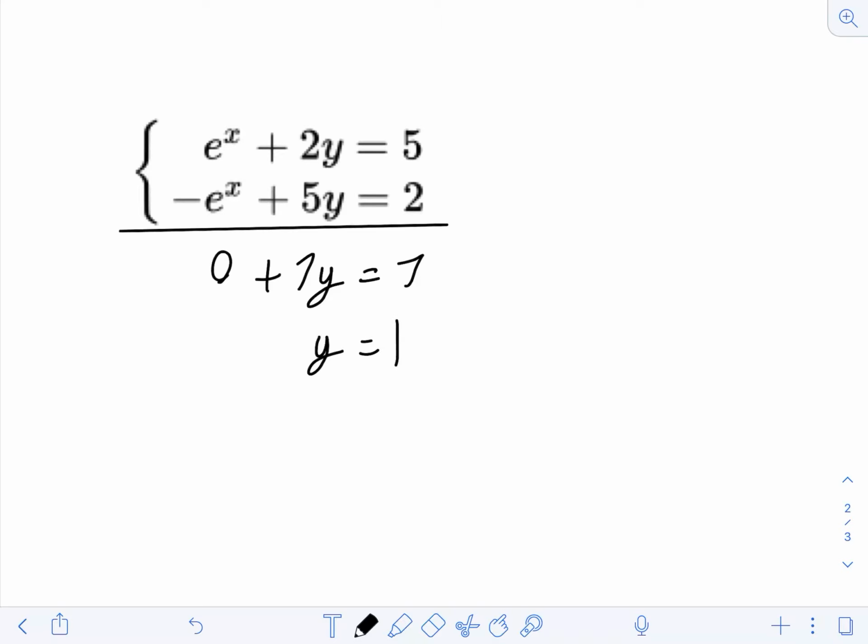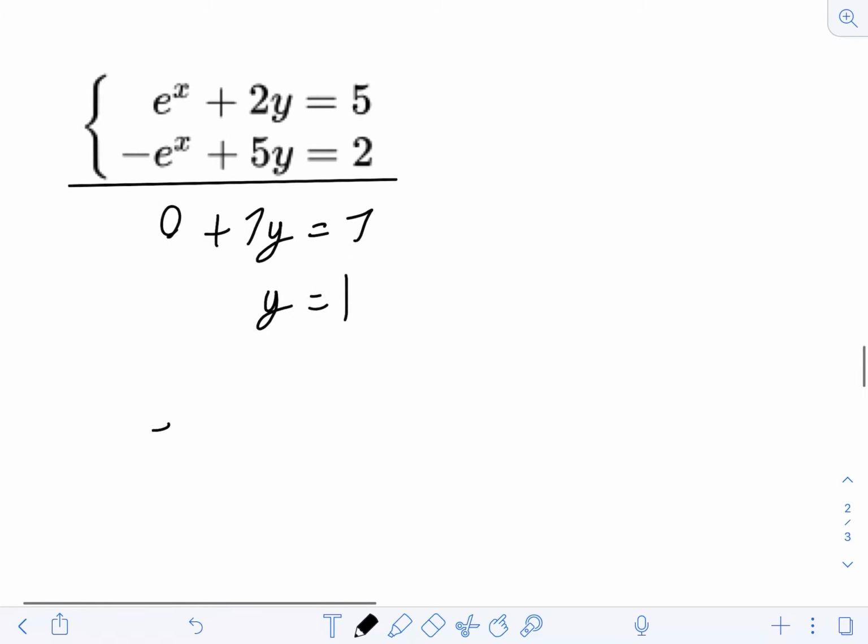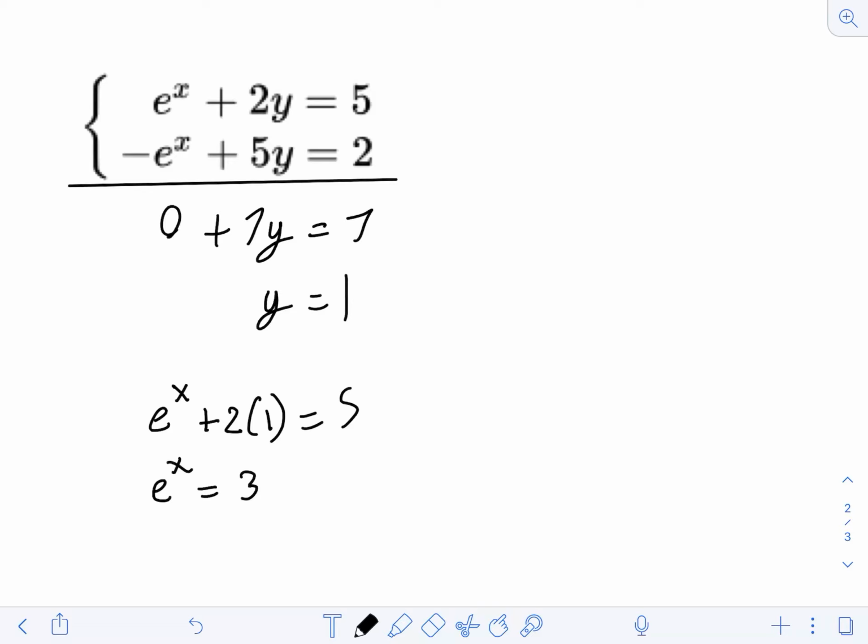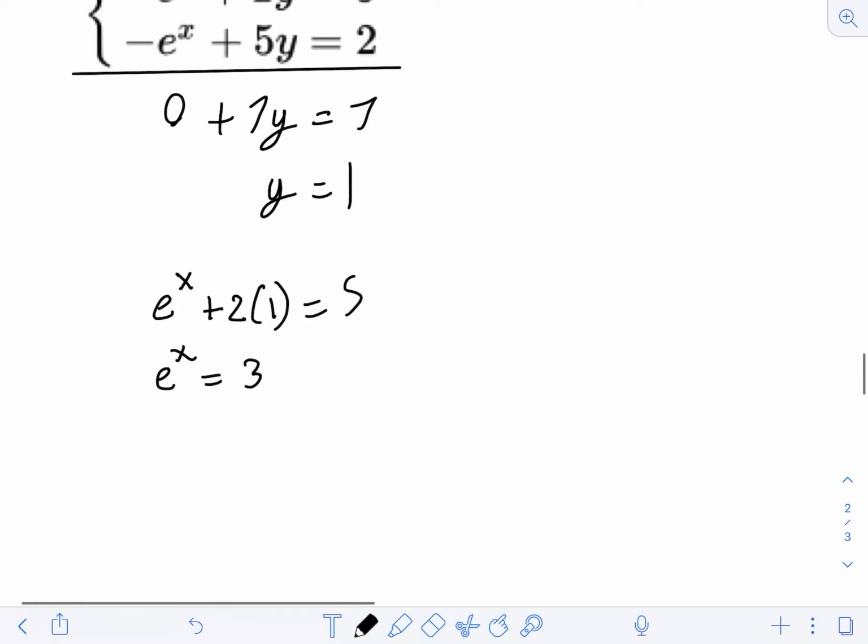Now that we know that y equals 1, let's find out what e to the x equals by plugging it in. e to the x plus 2 times 1 equals 5. So e to the x equals 3. How do we get rid of an exponential function?